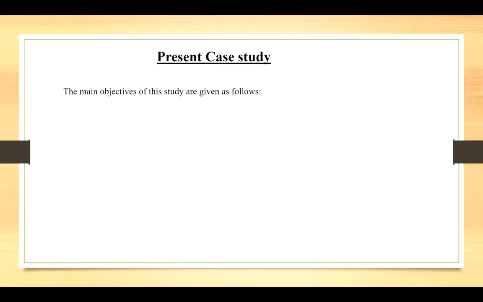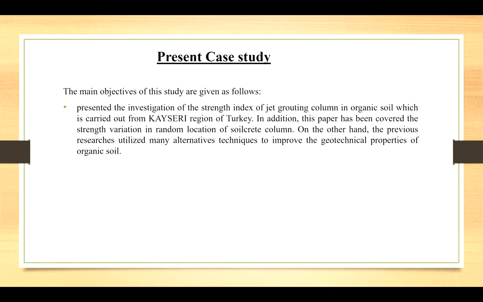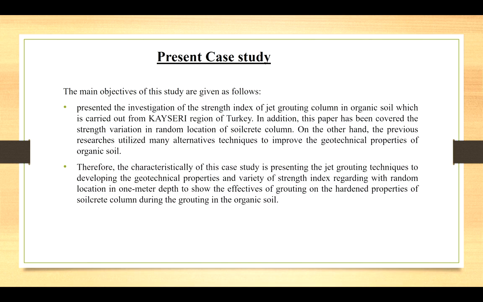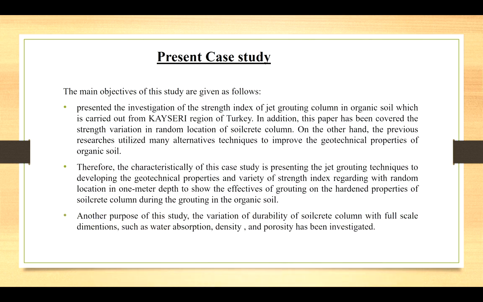The aim of our study is as follows: to present the investigation of the strength index of jet grouting columns in organic soil, which is carried out in the Kayseri region of Turkey. In addition, this paper covers the strength variation at random locations of the soil-crete column. Previous research utilized many alternative techniques to improve the geotechnical properties of organic soil.